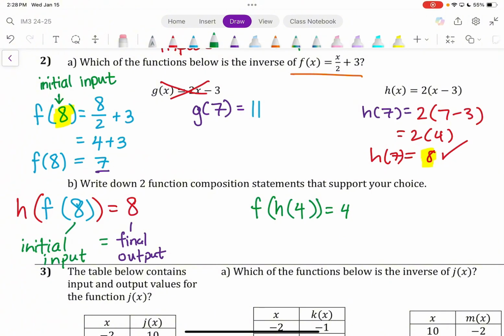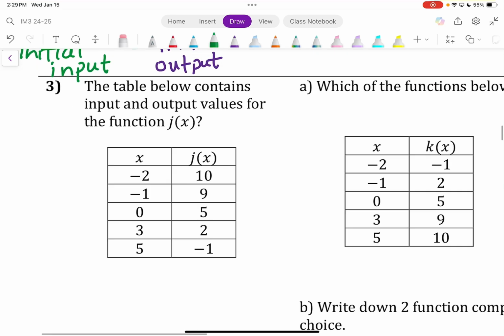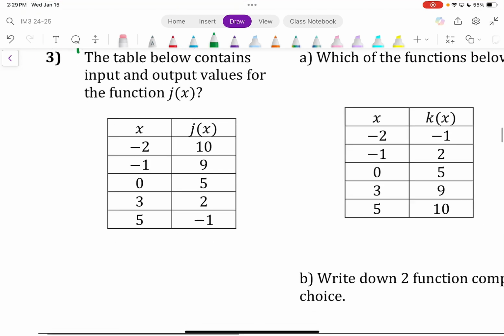All right, then let's jump to the next problem where I'm going to show you how to identify what the inverse of a table is. Now, I'm going to have you write the following. In case you forgot, on a table, the left column represents the inputs, the right column represents the outputs.